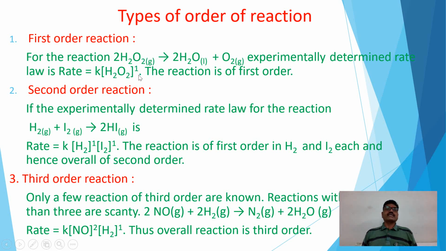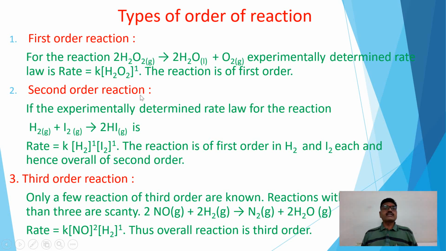And how does it depend? Like this, that is, linearly proportional. Again, rate is linearly proportional to the concentration term raised to power 1. What does it mean? As the concentration of H2O2 increases, the rate of chemical reaction also increases.